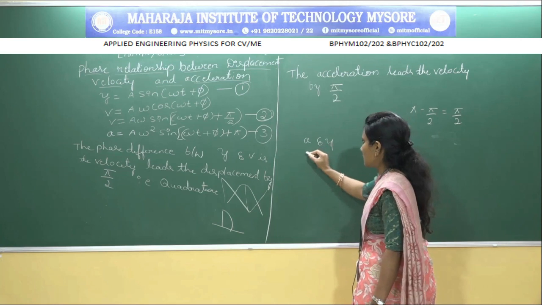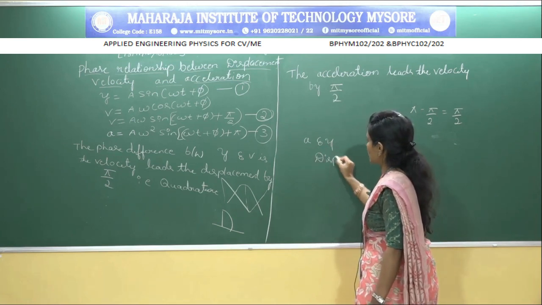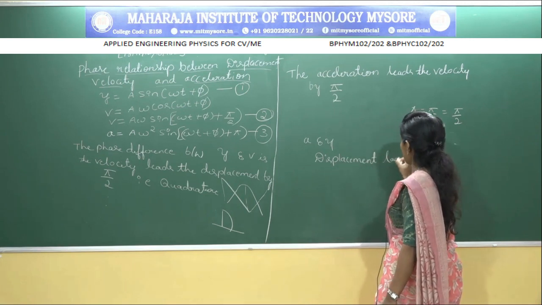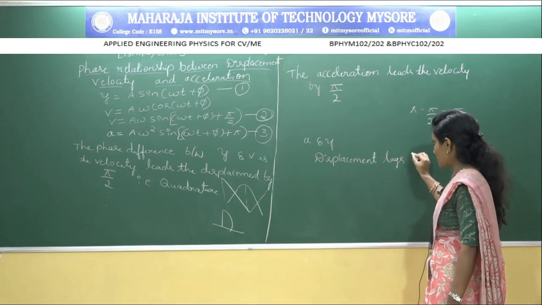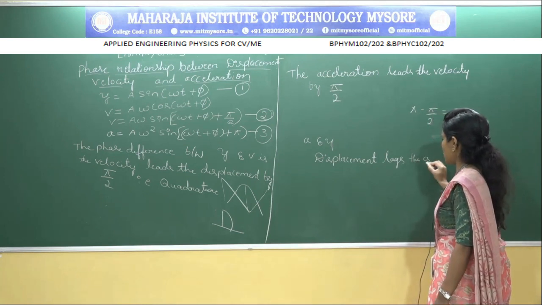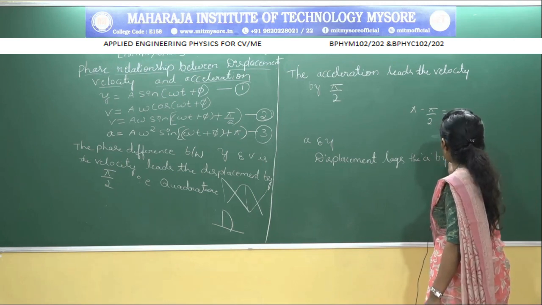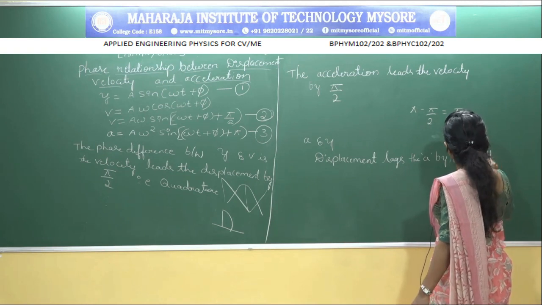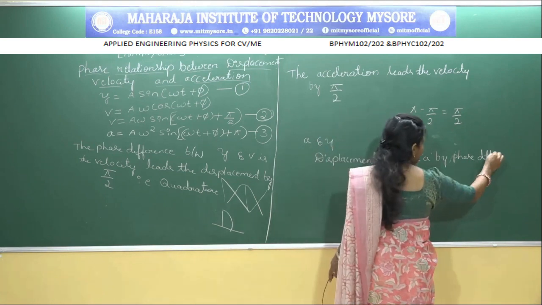So similarly, for displacement and acceleration, the displacement lags the acceleration by pi, phase difference pi. So what we got, that is pi.